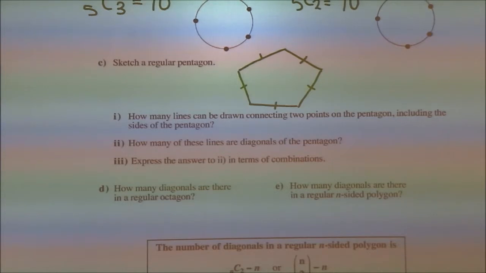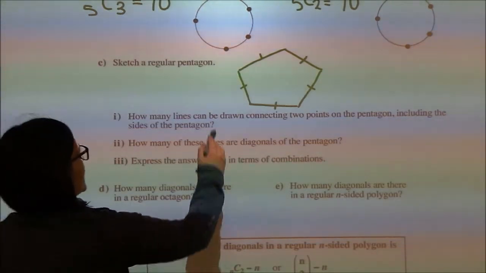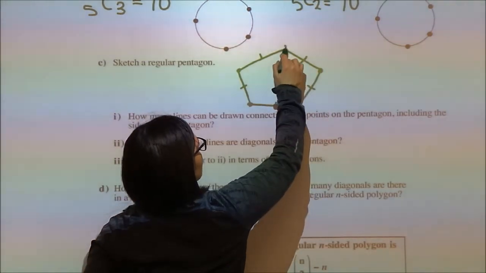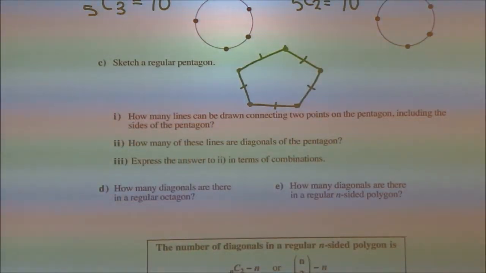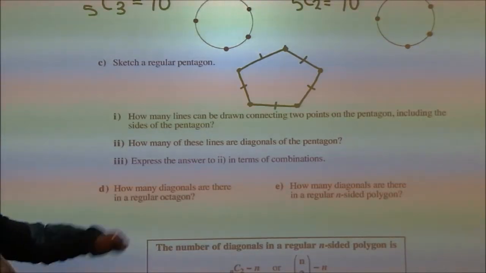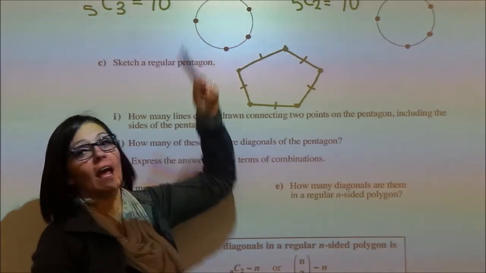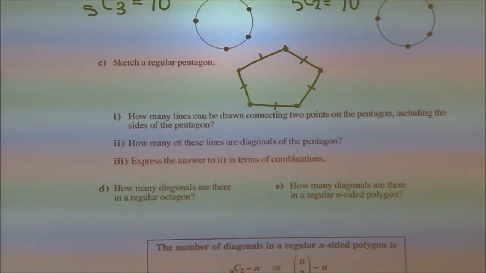Okay. Now suppose I had these points. How many lines can be drawn connecting the 2 points on the pentagon, including the sides of the pentagon? So it's basically the same as this question, because if I join these points, I'm going to get my pentagon shape.